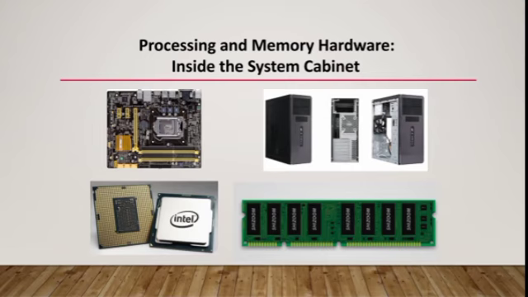Then, sa pangalawa sa may tatlong boxes ay yung case and power supply. Then, the third one na may nakasulat na Intel ay processor chip or the CPU. Then, lastly, yung pahaba ay yung memory chips or yung random access memory.